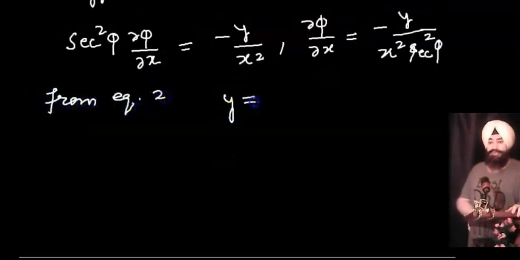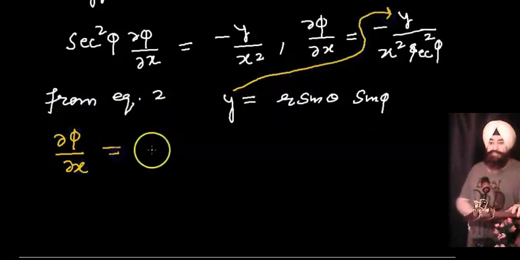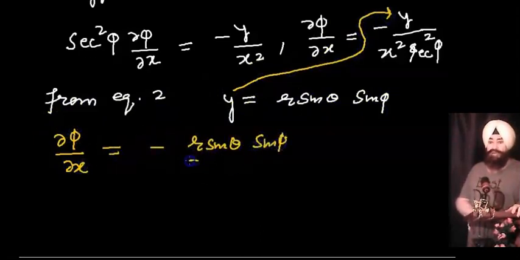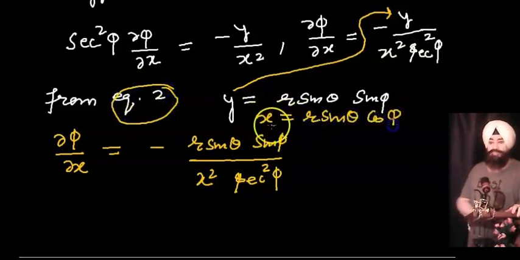From equation 2, y equals r sin theta sin phi, substituting here, and x was also equal to r sin theta cos phi.